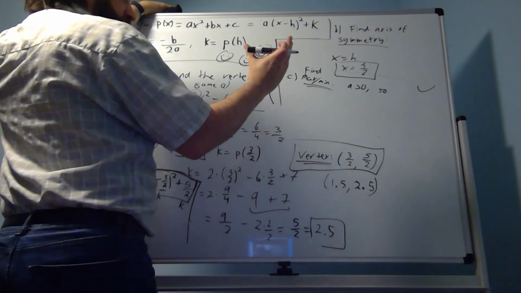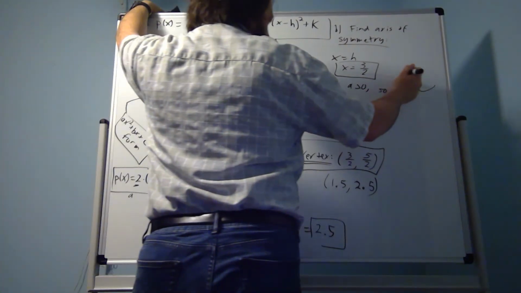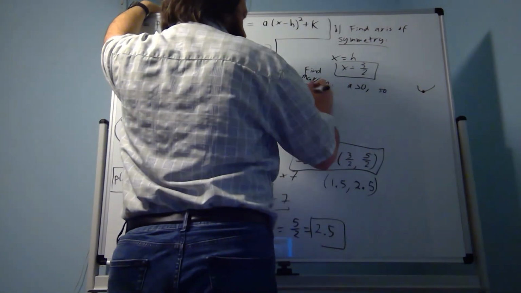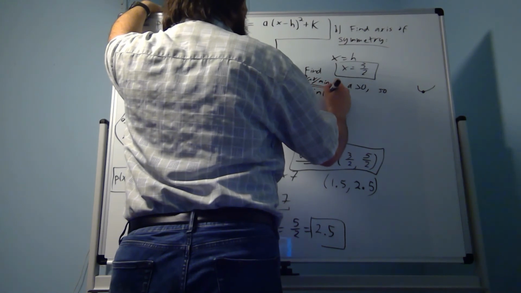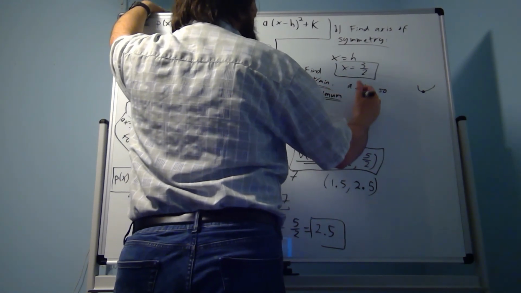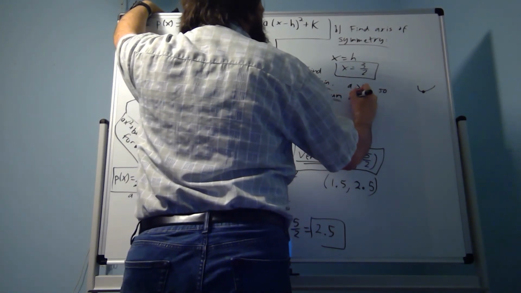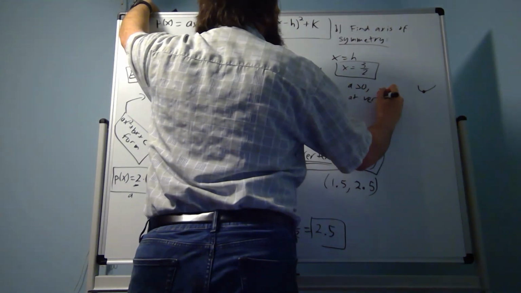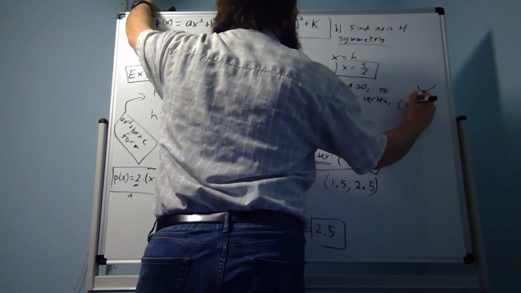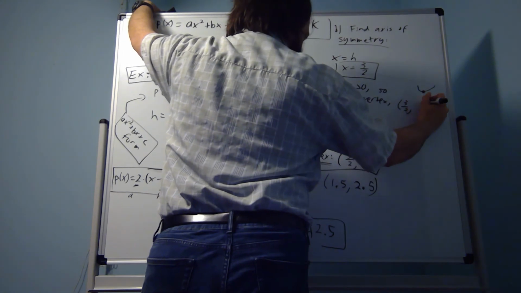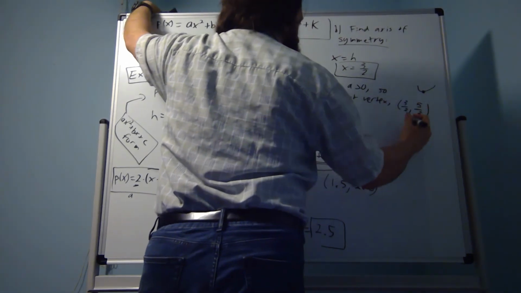So A is positive means that the smiley face, which means there's a minimum at the vertex. So H and K was 3 halves, comma 5 halves.